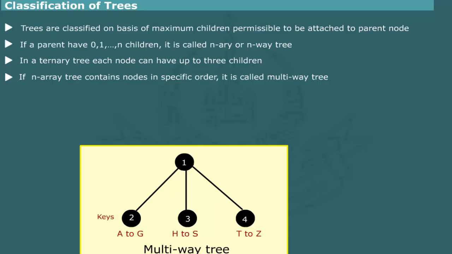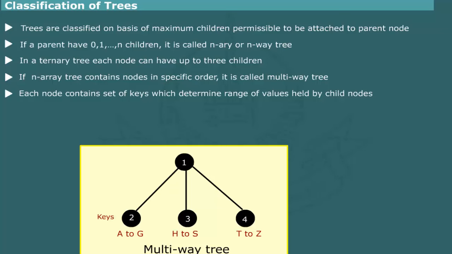If an n-ary tree contains nodes in specific order, the tree is called a multi-way tree. In this case, each node contains a set of keys which determine the range of values held by child nodes.